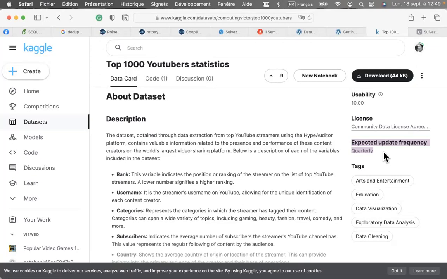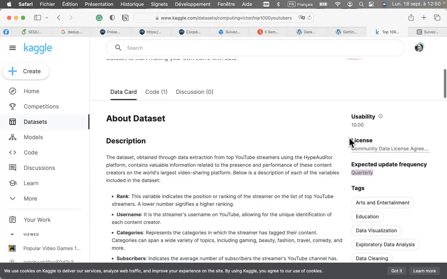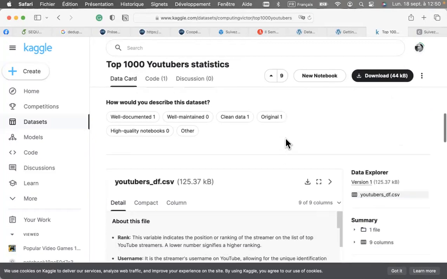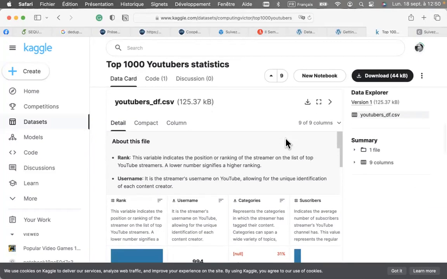As you, as an owner of the data set, update versions of the data, then the system knows that this data is updated quarterly. The owners can define a license of use, and its usability is 10. So it's very well described, tagged, etc. Okay. It has comments about the data, and then you have this.